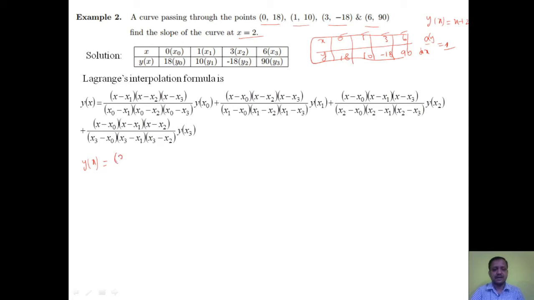So here x minus x1, x1 is 1, x minus x2, x2 is 3, x minus x3, x3 is 6, divided by x0, x0 value is 0, 0 minus 1, 0 minus 3, 0 minus 6, into y at x0, means y0, 18. The next term, x is x only, x minus x0, x0 is 0, x minus x2, 3, x minus x3, 6.